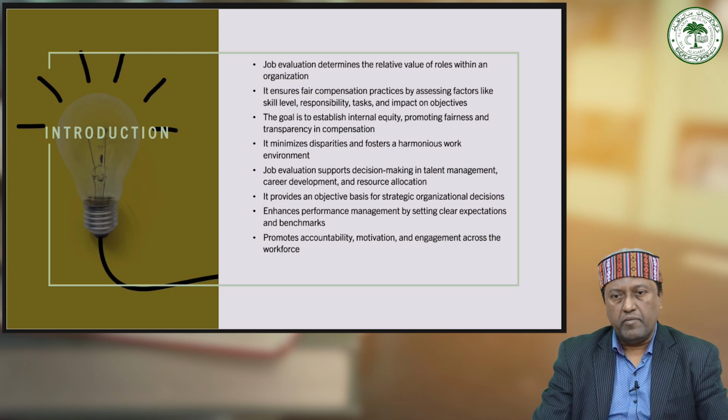Additionally, job evaluation facilitates effective performance management by establishing clear expectations and benchmarks for employee roles, thereby enhancing accountability, motivation, and engagement across the workforce.